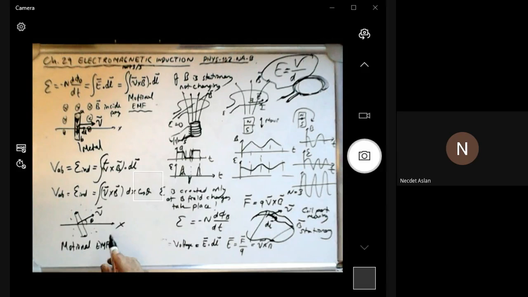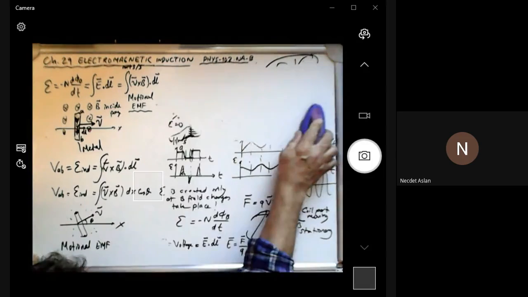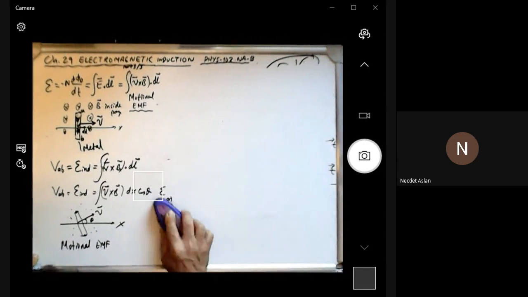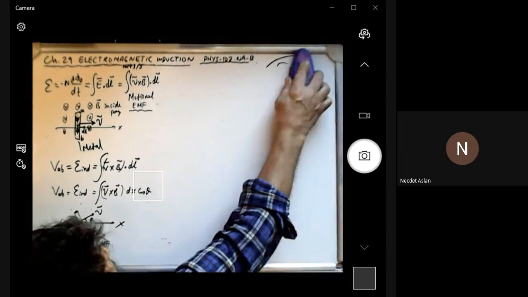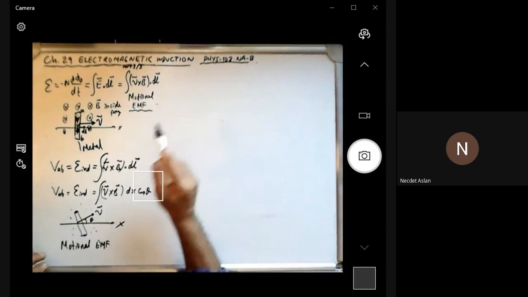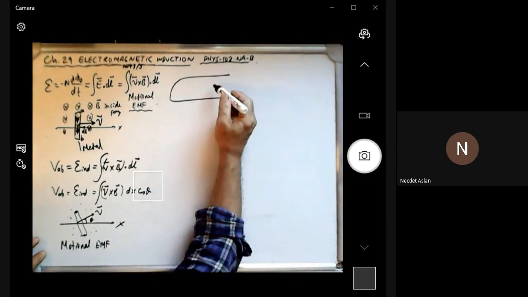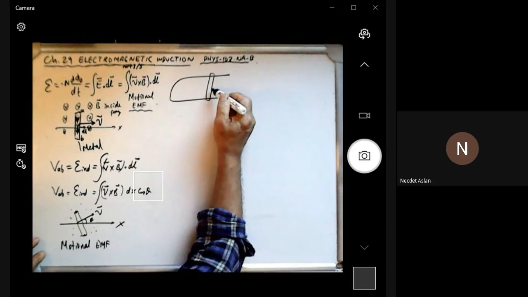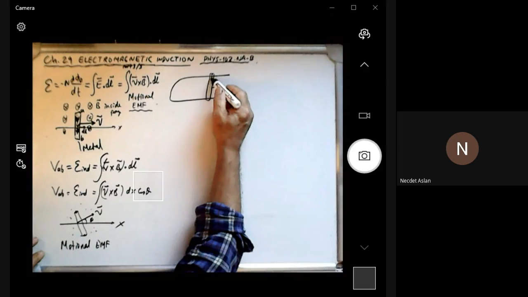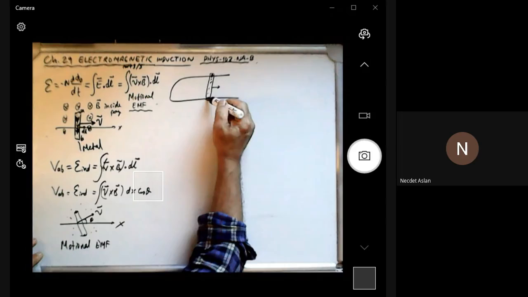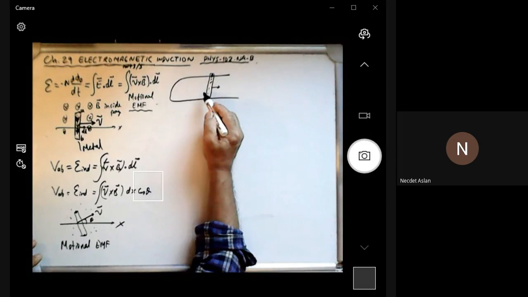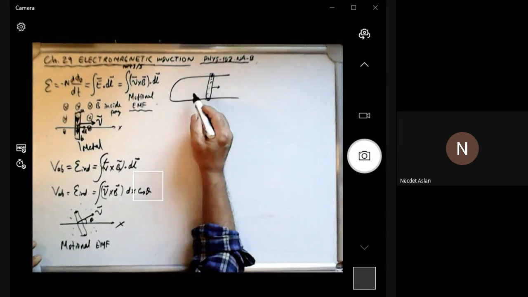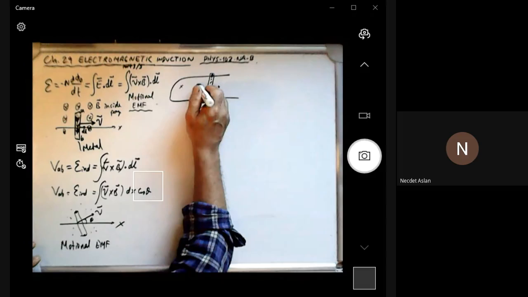Okay, we had seen this example with the rail. We said that if there is a rail and we can pull this rod to the right like this, since this rod is metal and a conductor, it's touching these points, it looks like a coil, and if there is a magnetic field inside or outside the page, the direction doesn't matter.